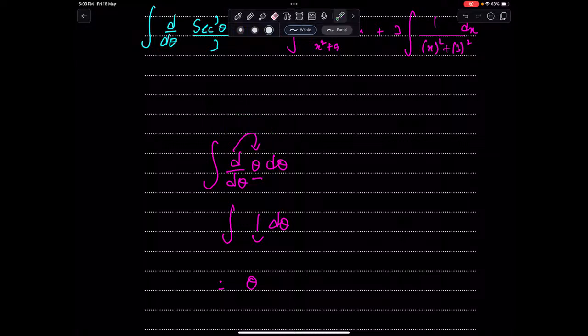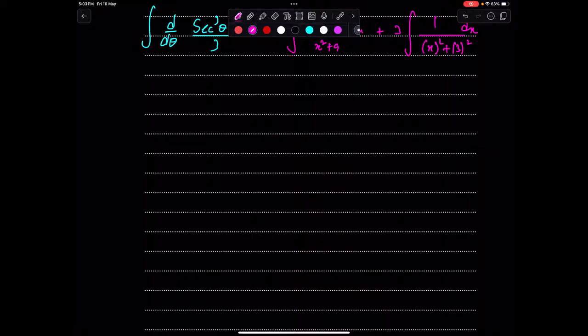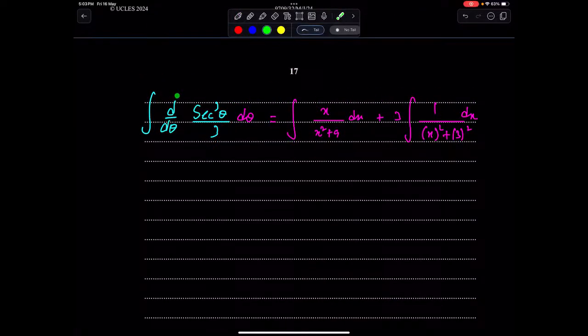So remember, if we differentiate something and then integrate the answer, we get the same thing. Theta, see, theta is here. So according to this rule, when we differentiate it we get this answer, and when we integrate the answer, we get the same thing.